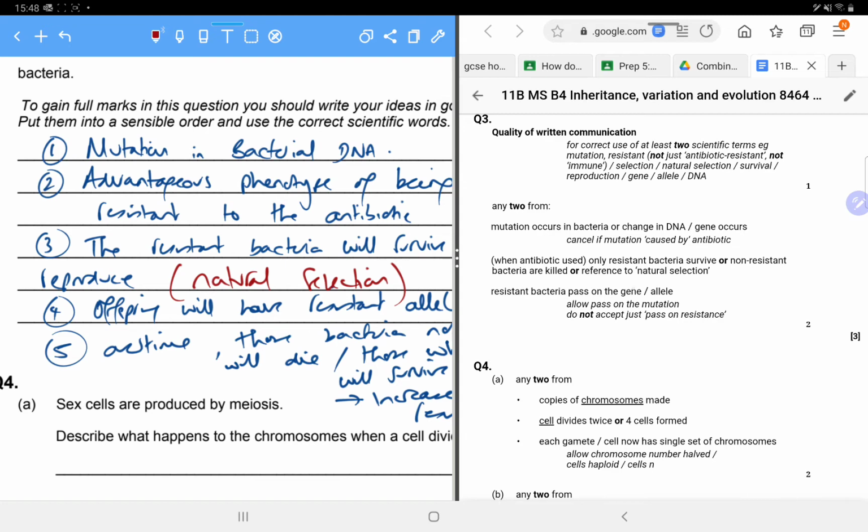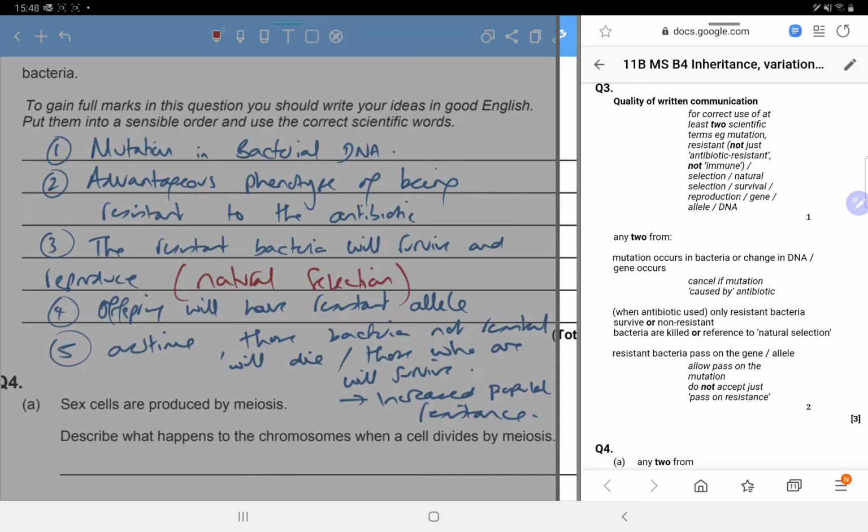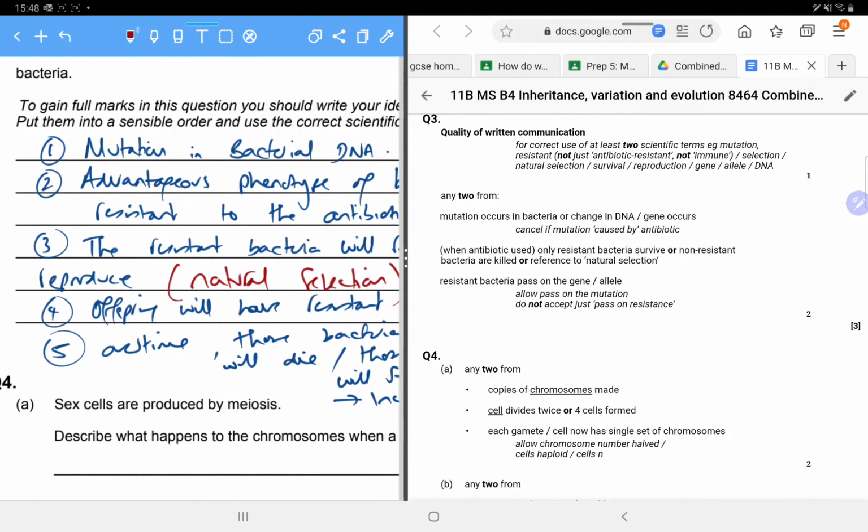Resistant bacteria pass on the gene allele. Okay. Allow pass on the mutation. Do not accept just pass on resistance. Okay. So you can see here I've used the term pass on the resistant allele. Okay. Or the offspring will have resistant allele. Okay. And then I've talked about an increase over time in the population of the resistant bacteria. Okay.